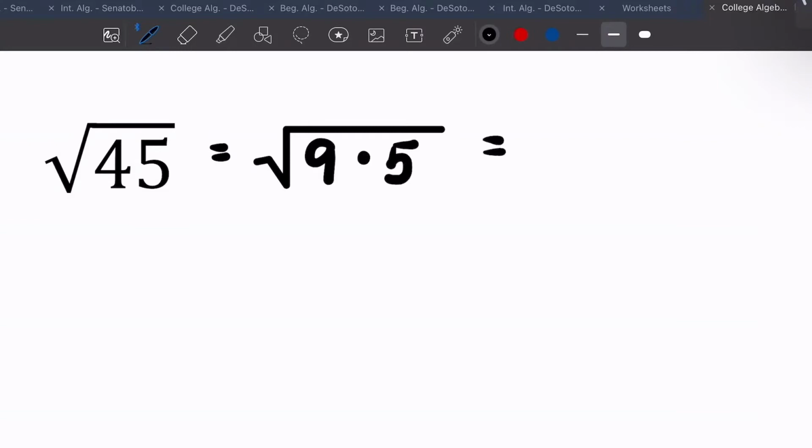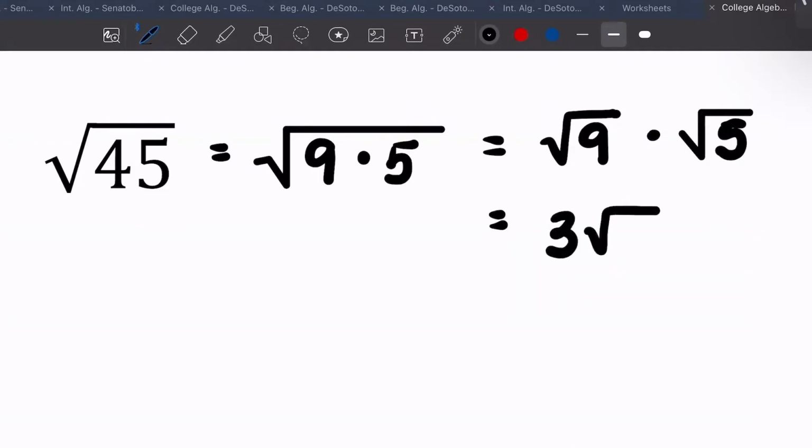We're going to apply our rule once again and just break it up. And we know that the square root of 9 is 3, because 3 squared equals 9. So we have 3 on the square root of 5, because we know what this is. And we get 3.